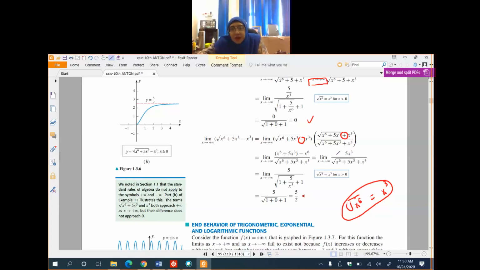Okay, good. And then what? Once you reach here, 5, which is fine. You substitute x tends to plus infinity. It will be 0 over here. So 1 plus 0 plus 1. So the answer will be 5 divided by 2.